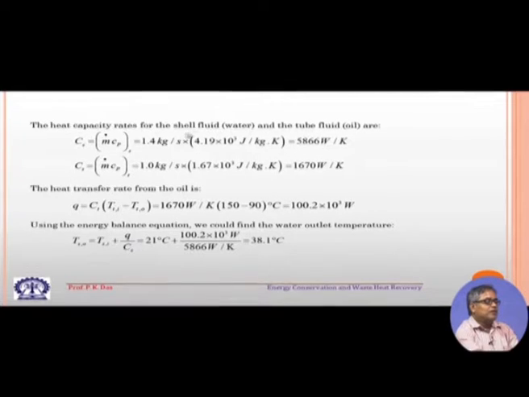So, with the figures given, we get 5866 watt per Kelvin, and C t, capital C t, the heat capacity rate of the tube side fluid, that is m dot Cp t, and using the numbers we get 1670 watt per Kelvin.